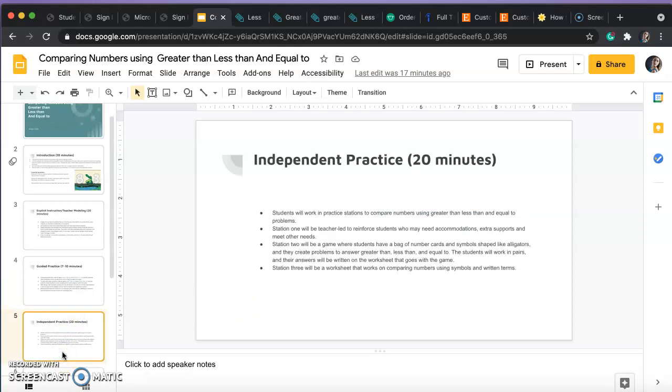Moving forward, we have the independent practice. This is going to be about 20 minutes, and this is going to be like stations and centers. So there's going to be three stations. One is going to be a small group with the teacher, aka me.